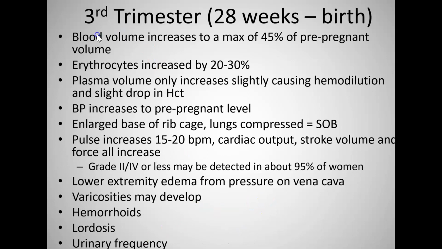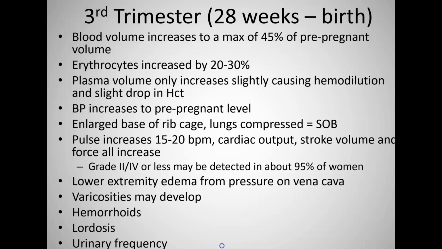In the third trimester, blood volume increases to a max of pre-pregnant volume. The erythrocytes increase by 20 to 30 percent. The hematocrit level may decrease. You may see people get a little less iron in their body. The blood pressure increases to pre-pregnant level.